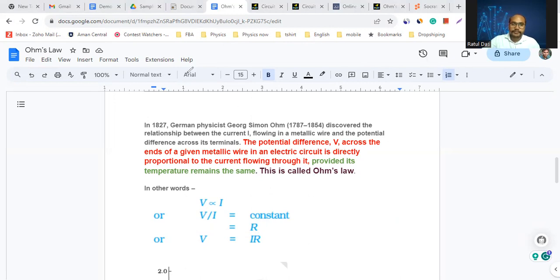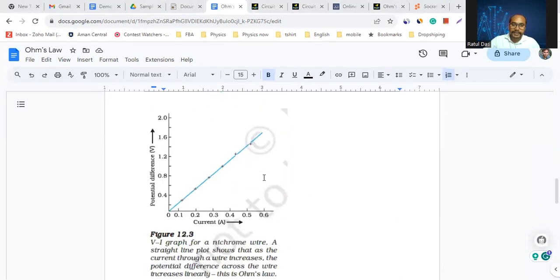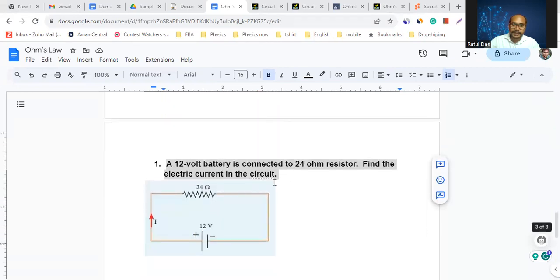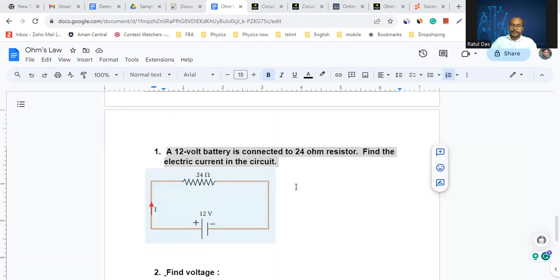Now, this is some basic question. See the circuit. Here, a resistor of 24 ohm and a 12-volt battery.